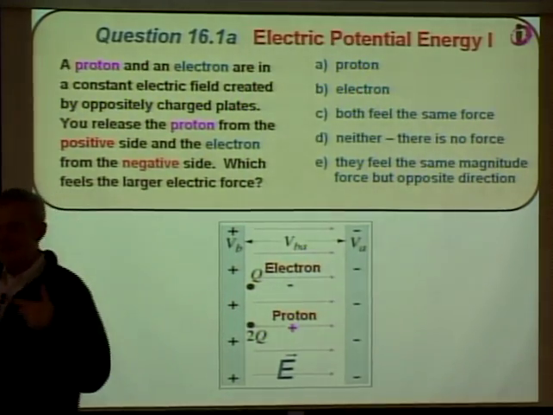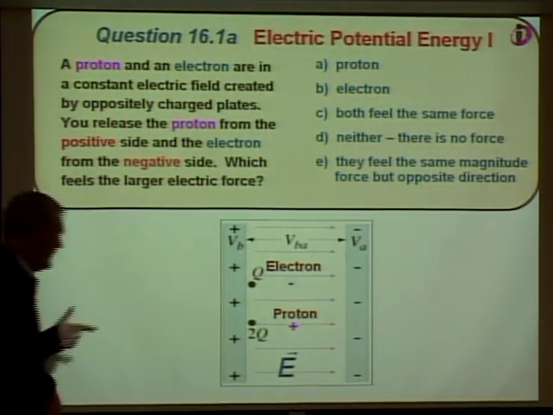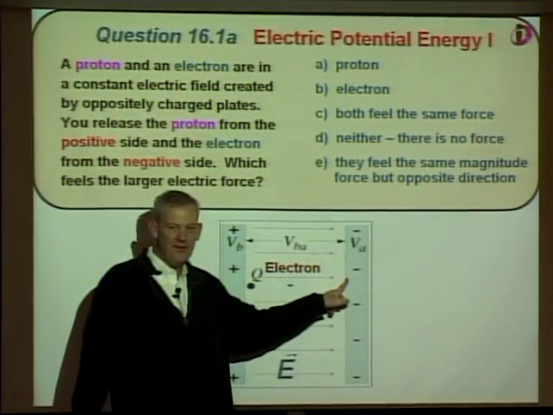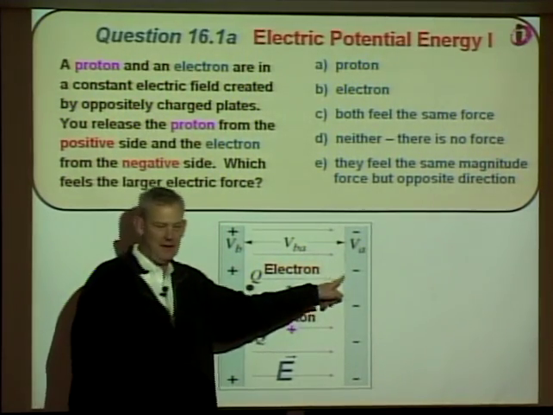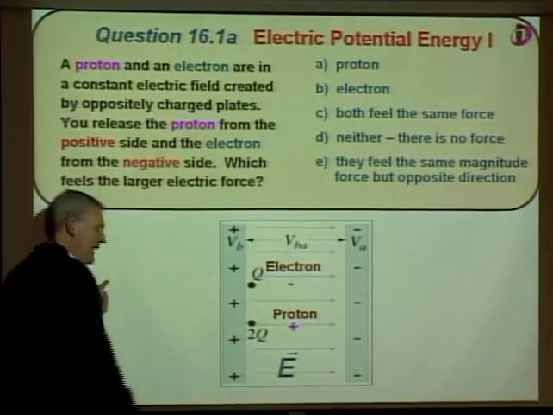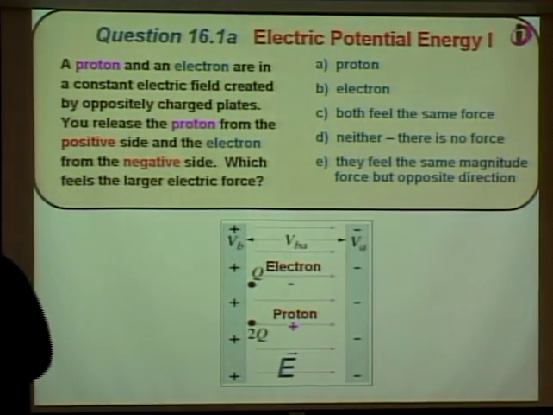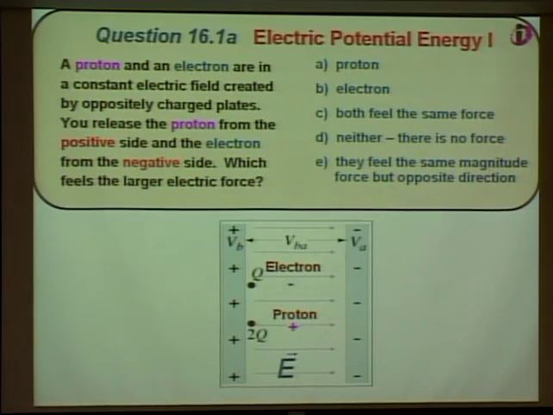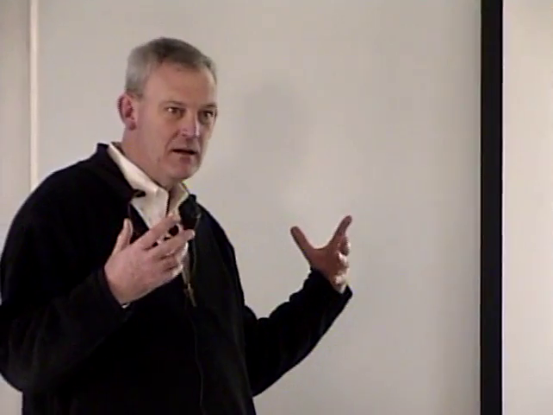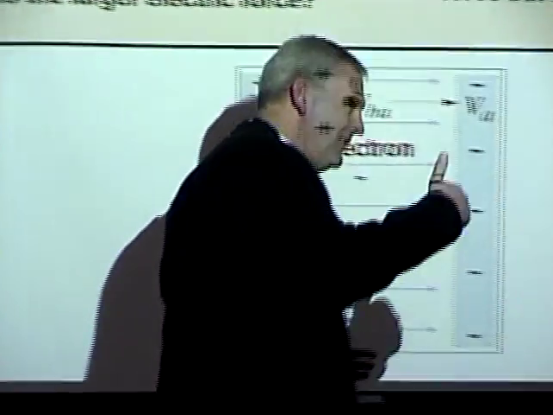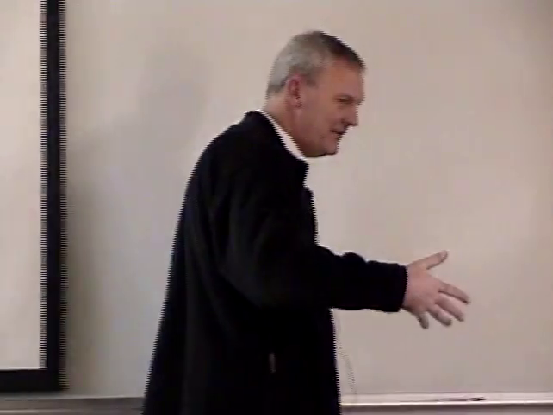Now, just because the E field is pointing this way, which way is the force on the electron going? To the left or to the right? To the left. Which way is it displacing? To the left or to the right? So the work done by the E field would be what? Positive. Because the force times distance is negative times negative, which is positive.